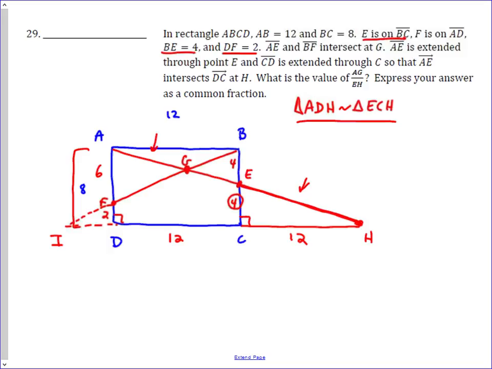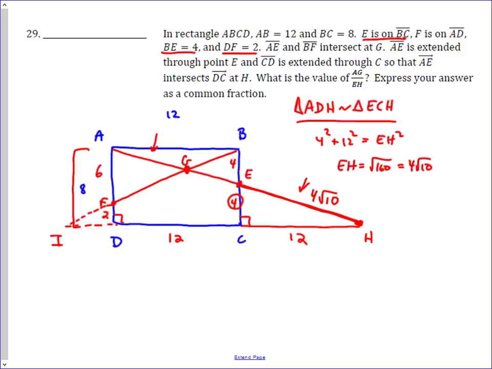And that is done by using the Pythagorean theorem. And so if we use the Pythagorean theorem, we can do 4 squared plus 12 squared equals EH squared, which gives me EH equals the square root of 160, or 4 root 10. And so we know that EH equals 4 square root of 10. And so that was useful.